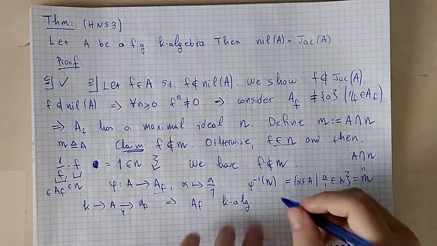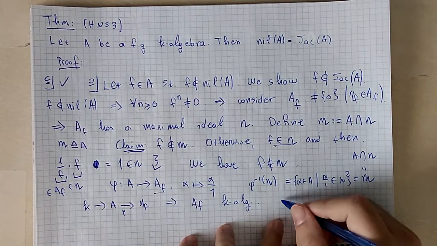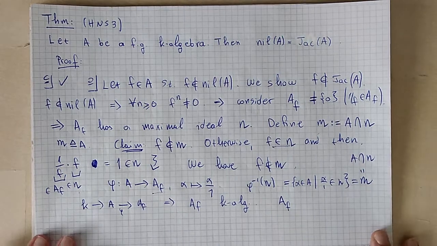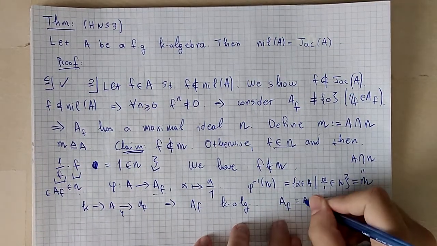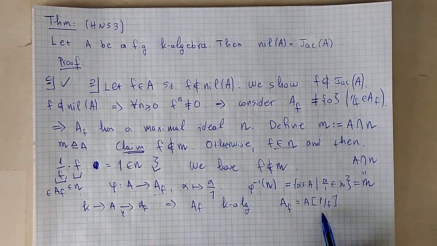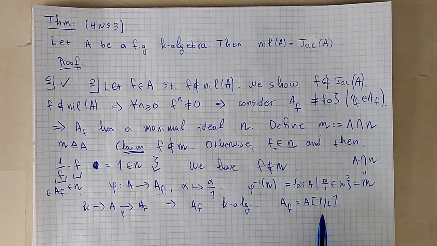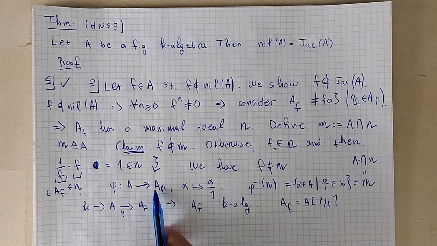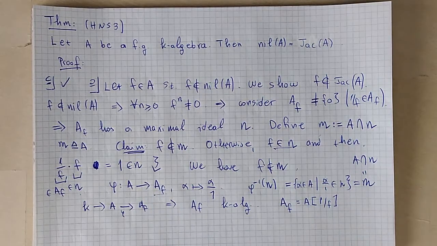If you want to convince yourself, take a look at the fact that if I localize with respect to F, then this is exactly equal to this guy over here, which is by definition the A sub algebra of the localization generated by 1 over f.